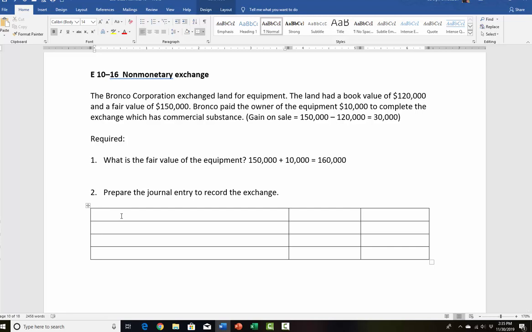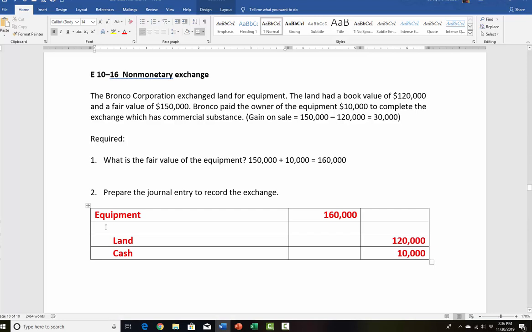So now we're going to debit equipment for $160,000. What else do we know? Well, we know we're crediting cash for $10,000. We know we're crediting land because the land is being given up, and the land had a book value of $120,000.